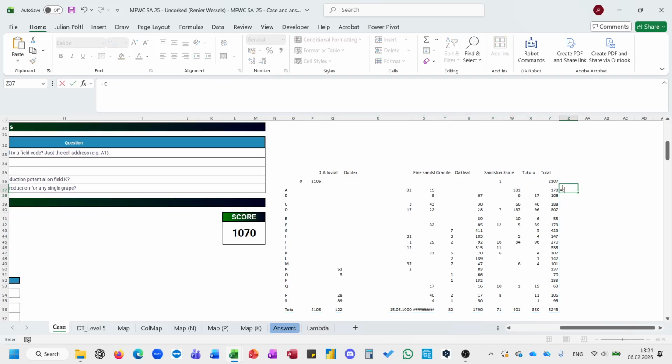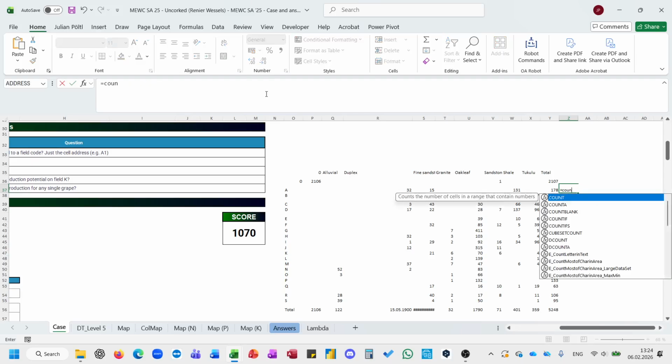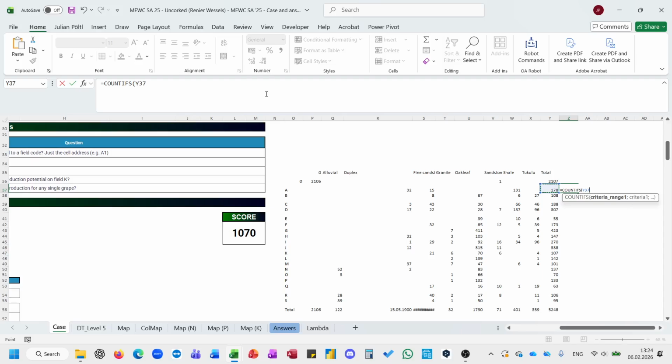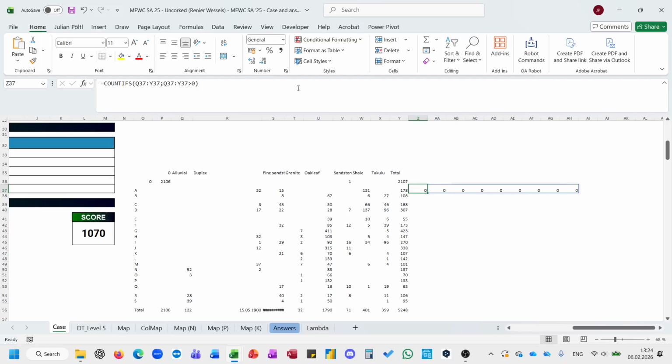So I then do here count fs if this is larger than 0. Why this?